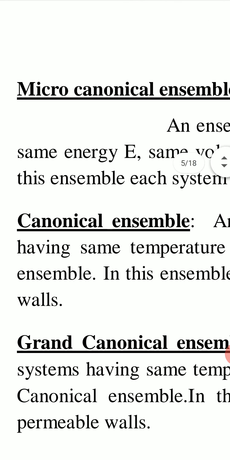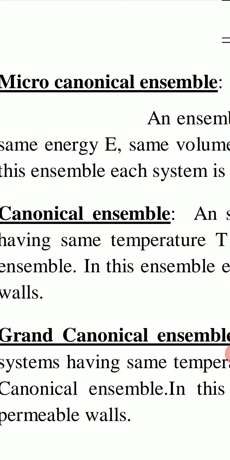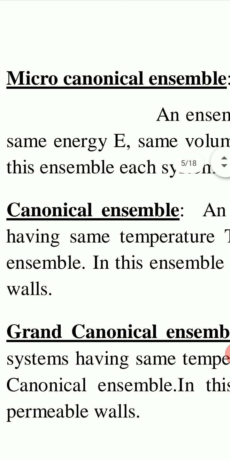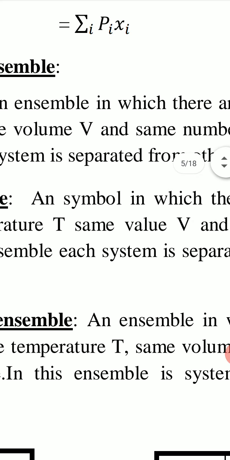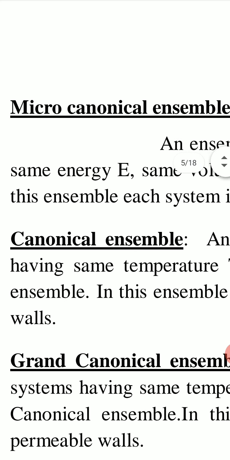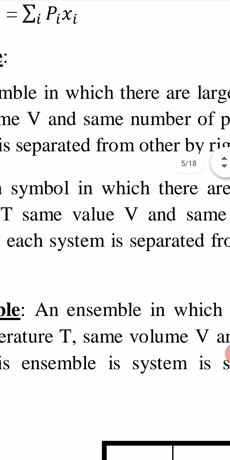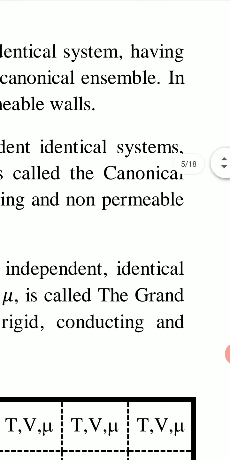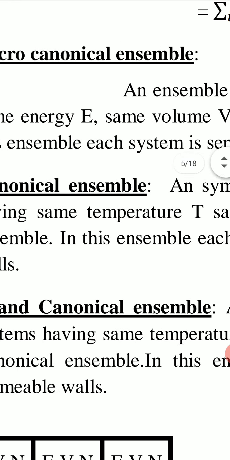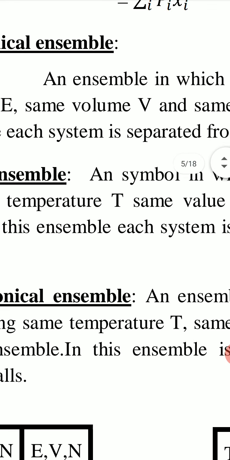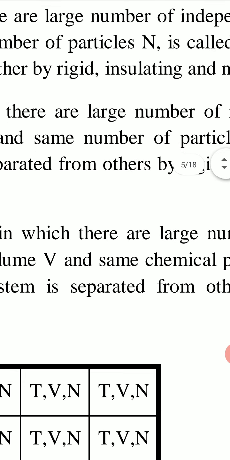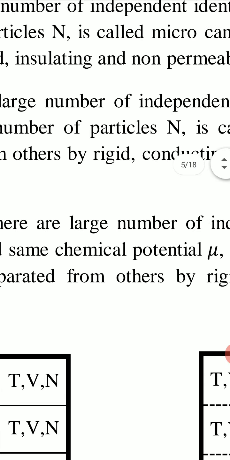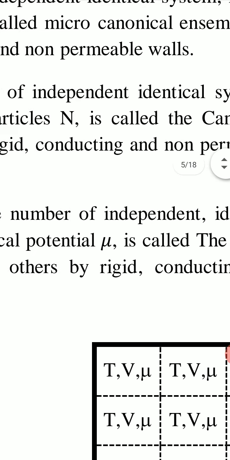Now we have three types of ensembles: micro-canonical ensemble, canonical ensemble, and grand canonical ensemble. First we will define the micro-canonical ensemble. An ensemble in which there are a large number of independent identical systems having the same energy E, same volume V, and same number of particles capital N is called a micro-canonical ensemble.